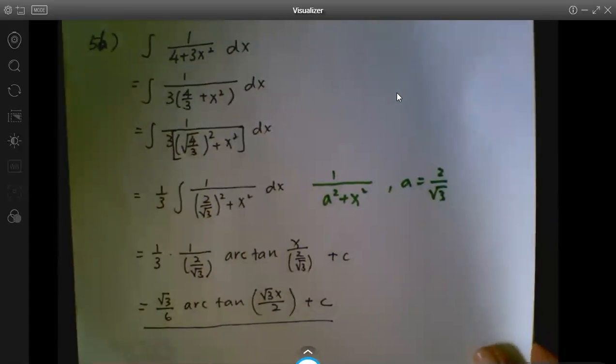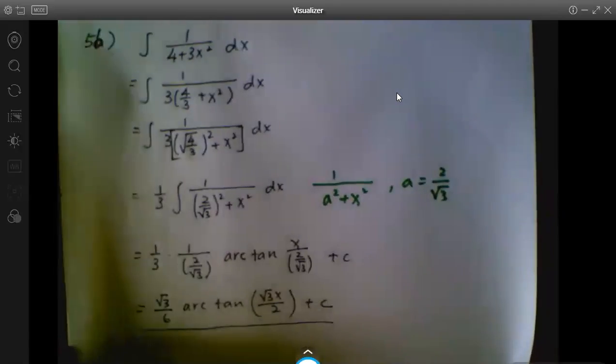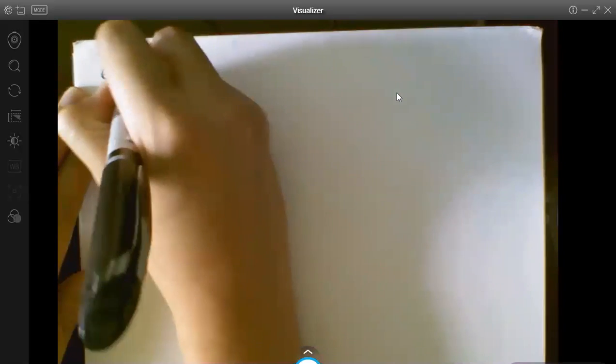Next we have 6c. C is a definite integral, meaning there are limits to it. So you just have to do one more step after your integration to substitute in the numbers.